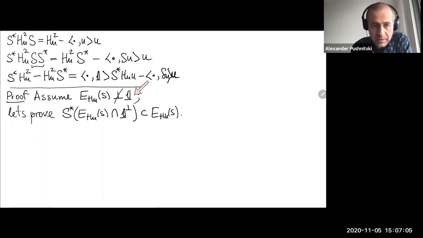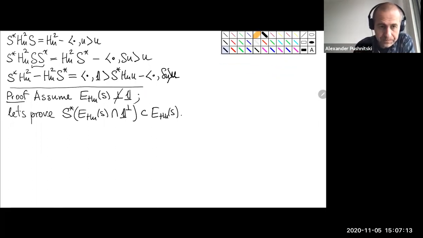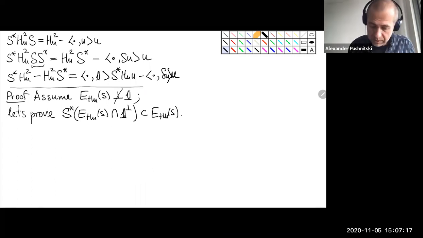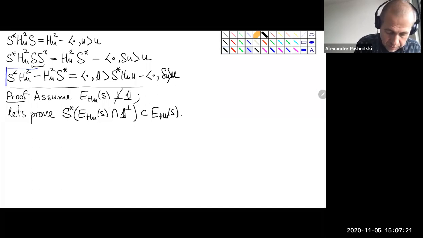So as a first preliminary, let me go right away with the key calculation. I want to take this identity, let me put it in the frame so we can look at it.